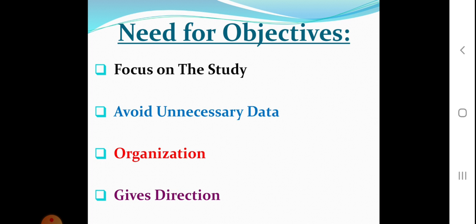The last need is it gives direction. A well formulated objective will facilitate the development of a research methodology and will help to orient the collection, analysis, interpretation, and utilization of data. Dear students, this is about need for research objectives.